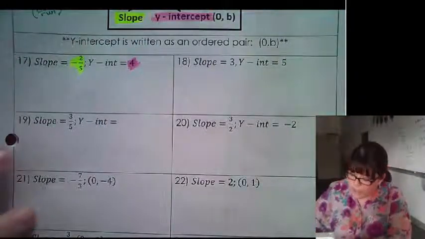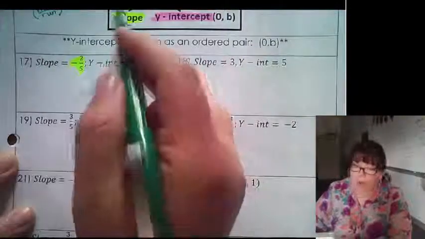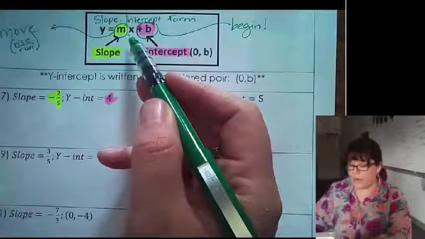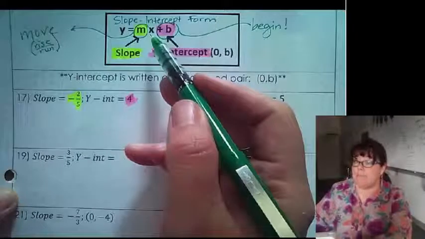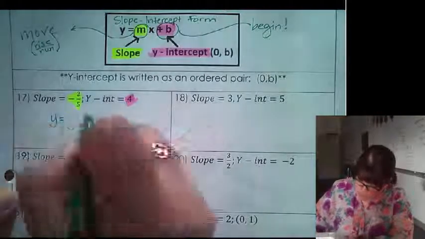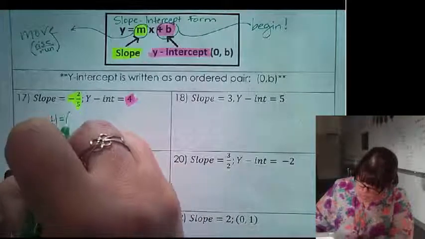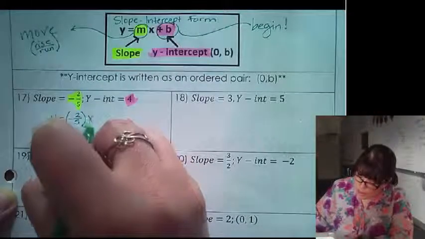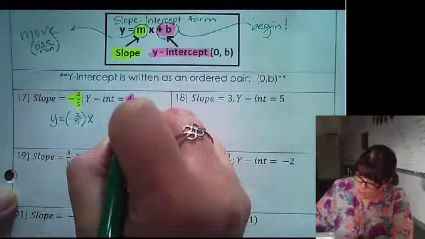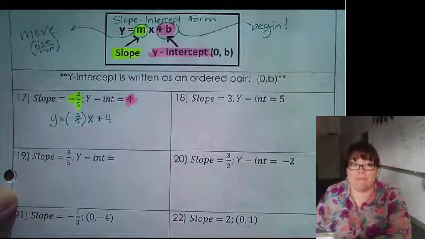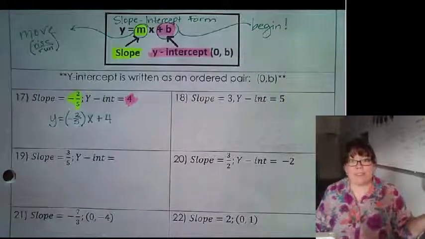So what we're going to do is follow this formula that we had up here, and we are just going to plug in our value for m and b. So let's take a look. We've got y equals m. Okay, well, m is negative 2/5 times x plus b. b is positive 4, so positive 4 is the rest of my equation. And that's all there is to it.